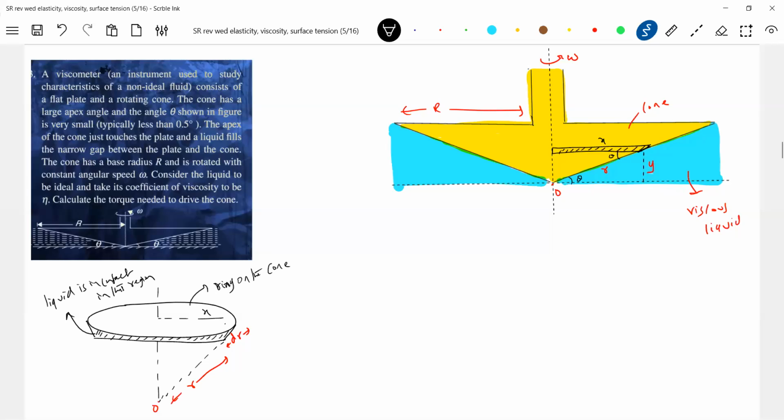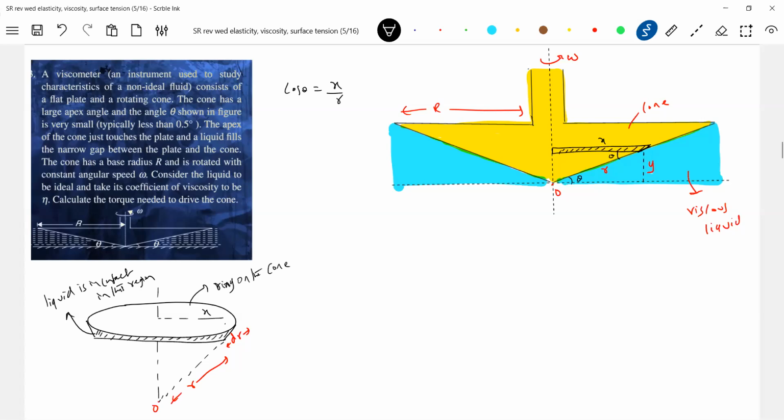Given a large apex angle, and the angle theta shown, I think theta is not the apex angle. Since the apex angle is large, theta will be very small. So cos theta equals x by r.